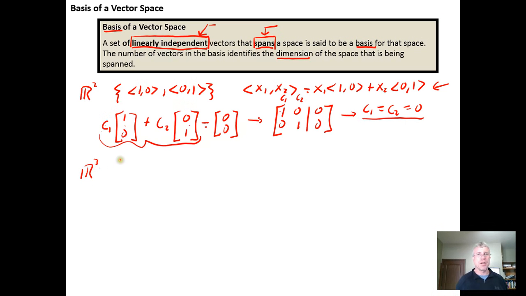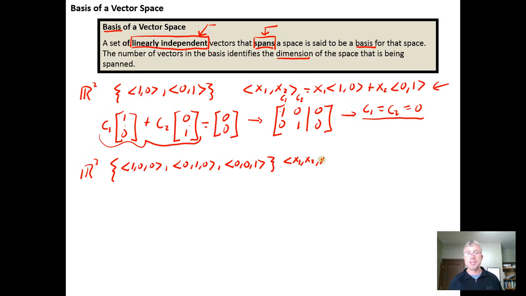If we were working in R3 and we took the set of vectors (1, 0, 0), (0, 1, 0), (0, 0, 1), it is again easy to show that this set of vectors spans the vector space R3, because an arbitrary vector in R3 looks like this: (x sub 1, x sub 2, x sub 3), and can be easily written as a linear combination.